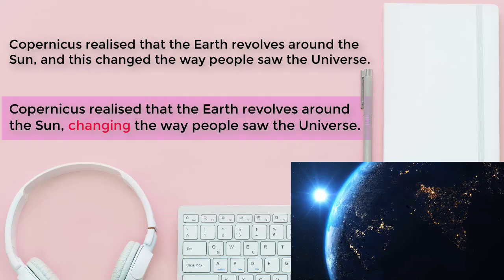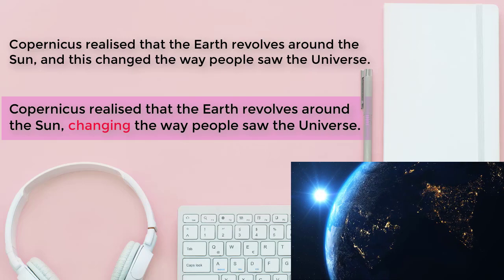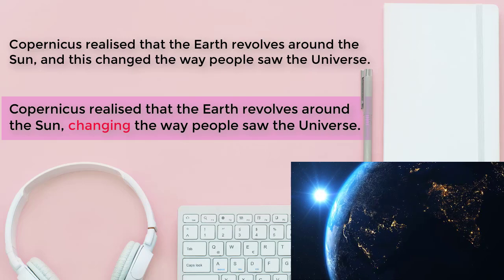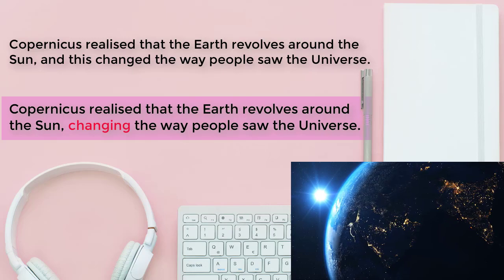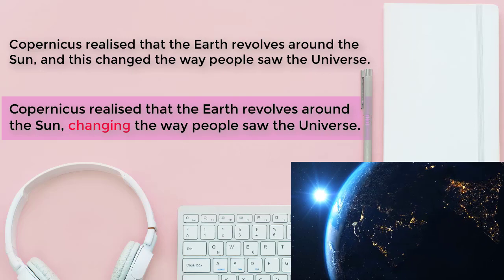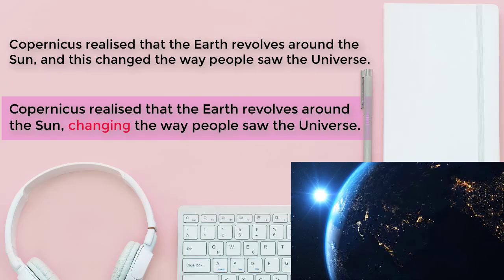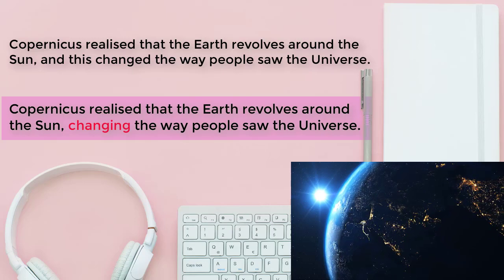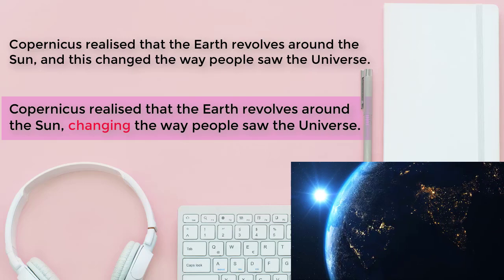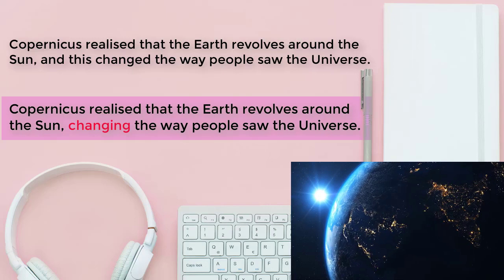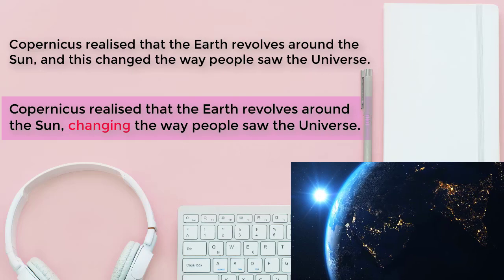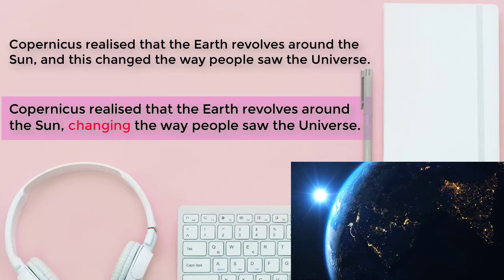Copernicus realized that the Earth revolves around the Sun, changing the way people saw the universe. You also can see here that we have a comma to separate the main clause. Alright, so here is how you can use it.